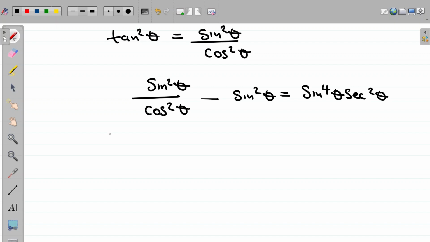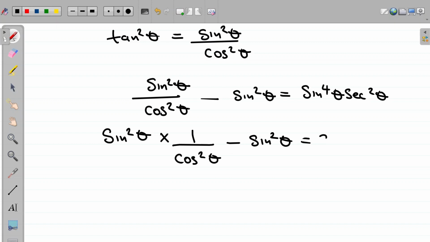So the left hand side can be expressed as sine square theta multiplied by 1 divided by cos square theta minus sine square theta, equal to sine to the power of 4 theta sec square theta.